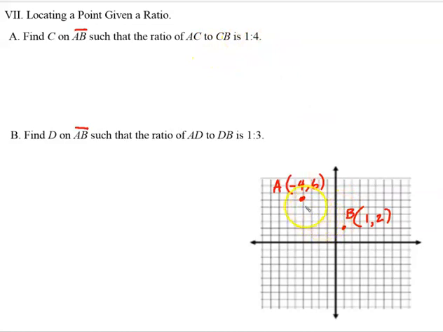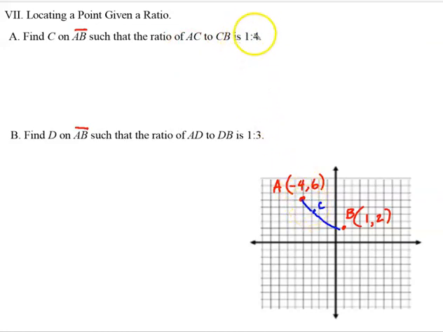In other words, C lies somewhere in here. Let's just pretend like C is right here. You can think of it this way: the distance for CB is 4 times greater than the distance AC.